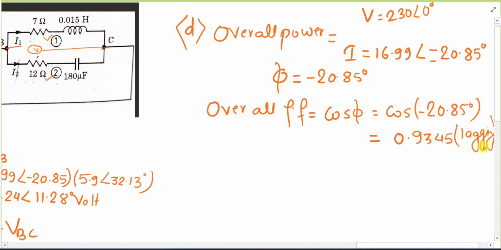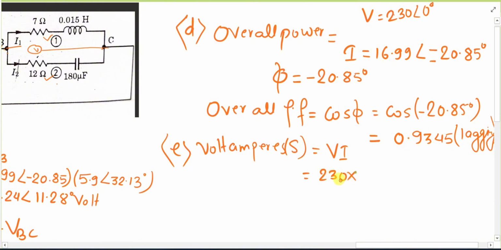Okay, so now our task E was to identify the volt ampere, which is our apparent power. In order to identify the volt amperes, it is represented by capital S. That's why it will be V into I. Now substitute the value of total voltage, which is 230, and our total current I, magnitude only.